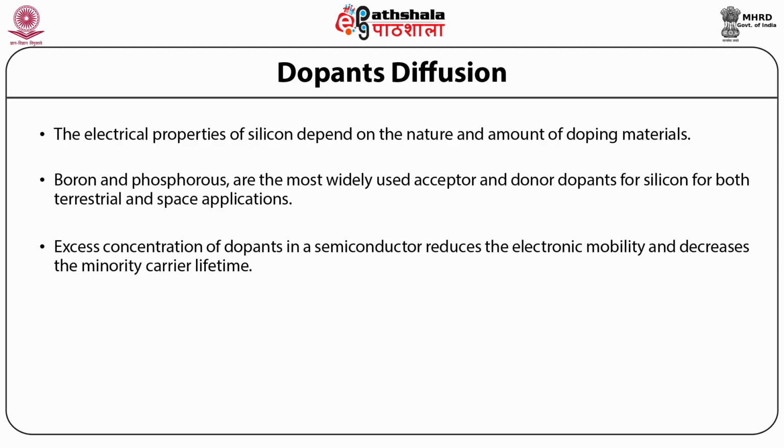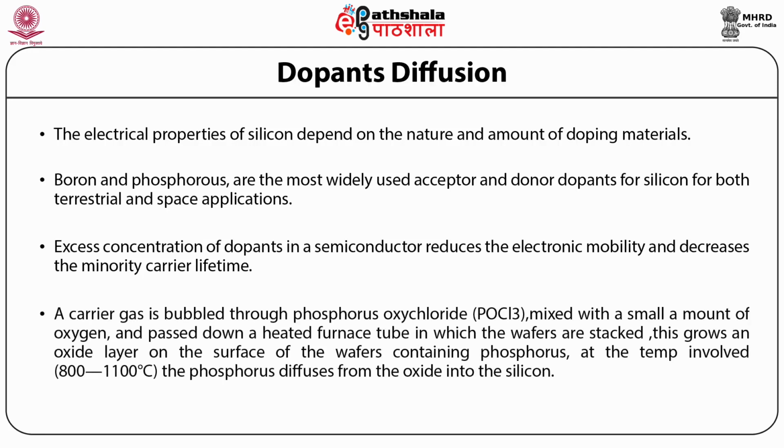In this process, phosphorus oxychloride is used as the diffusion source and oxygen is utilized to transfer the dopants onto the silicon wafers stacked in a furnace. So a carrier gas is bubbled through the phosphorus oxychloride mixed with a small amount of oxygen and is passed down a heated furnace tube in which the wafers are stacked.